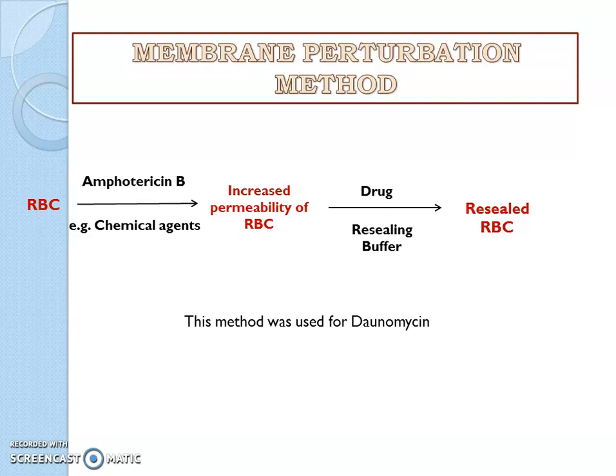Due to that, there is an increase in pore formation, and these RBCs are placed into the drug in the osmotic solution where they get resealed, and finally the resealed erythrocytes are washed and stored. By using this method, the antineoplastic drug daunomycin is encapsulated into the RBCs.